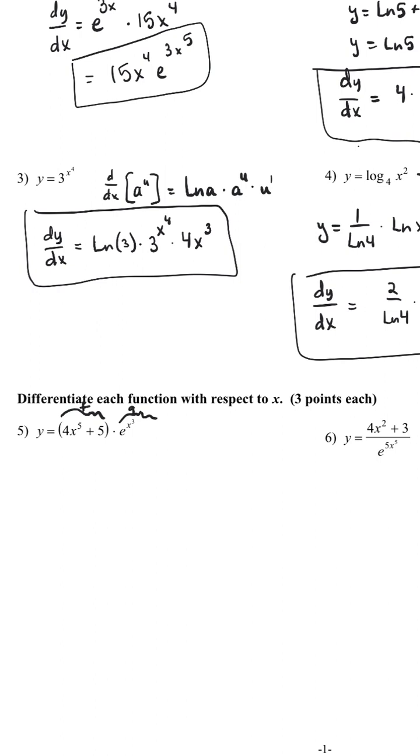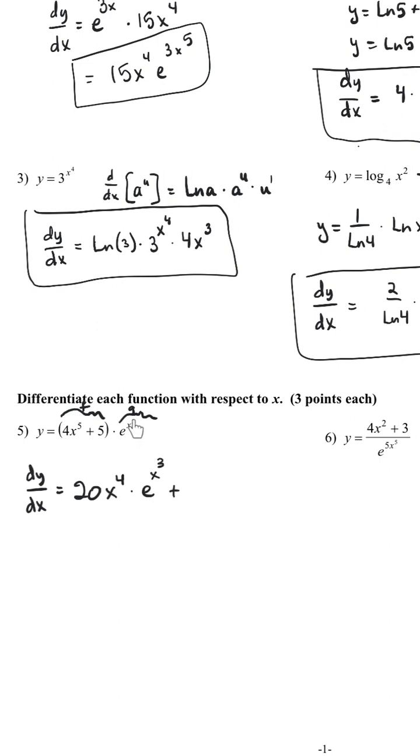So remember the derivative of a function f times g is f prime. So the derivative of f prime would be the derivative of that first factor there. So that would be 20x to the fourth. So that's f prime times g plus g prime.